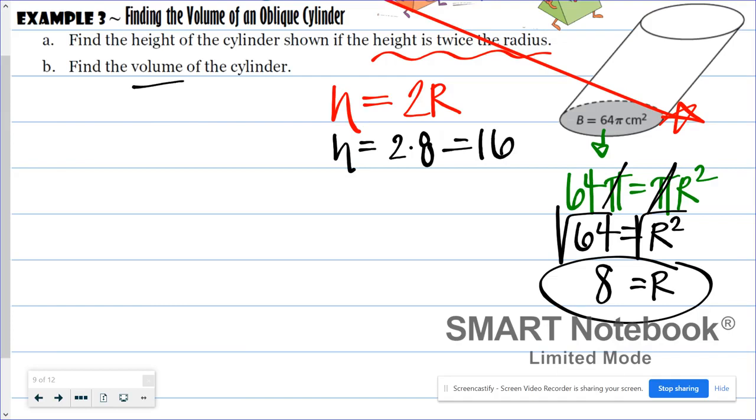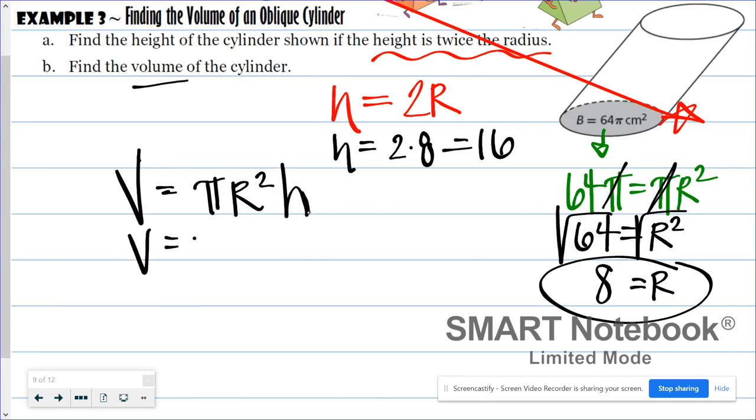And now I can find the volume of my cylinder because volume is equal to pi times the radius squared times the height, and we now know all of those things. So volume equals pi times 8 squared times h, which is 16.